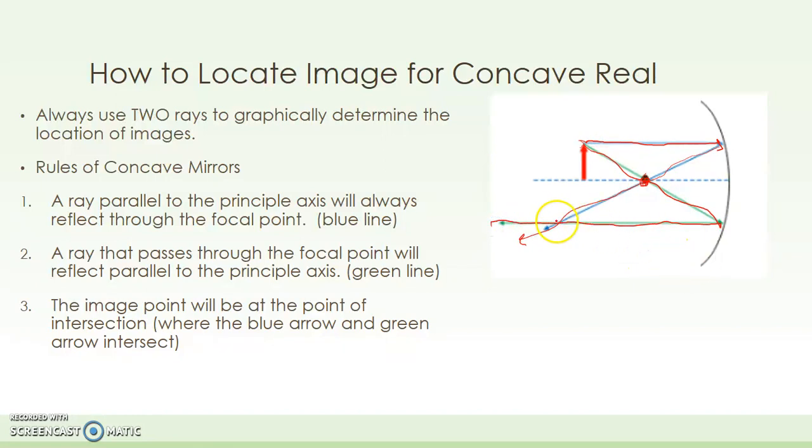Those two lines are going to intersect at this point. That is where the image point will be, the point of intersection where the blue and green arrows intersect. Since it is on this side of the mirror, we know that the image is considered real.